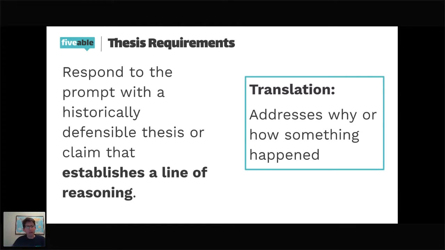Obviously, there were some similarities in answers, but some people addressed it with historical reasoning skills of change and continuity, and some with comparison, and some with causation. There were just so many different ways to go about this. They are purposefully writing these questions now so that you can attack them in many different ways and bring your own skills, your own experience to the question. That's what they want to see. That you can develop and make an argument.